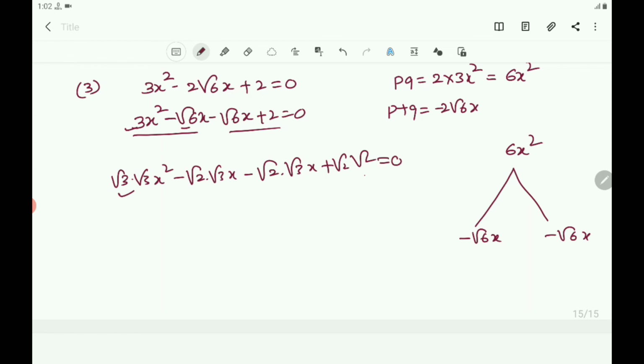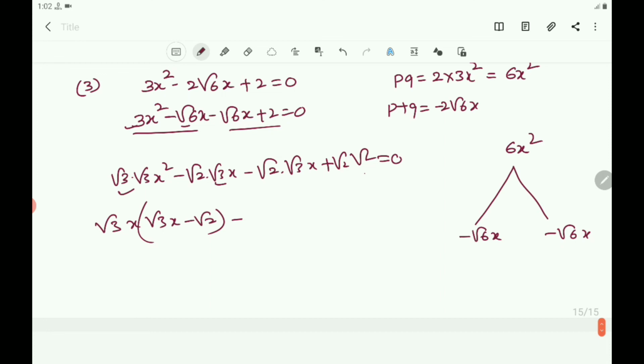Then here you can take root 3x common. In the bracket what you are going to get? Root 3x minus root 2. And here minus root 2 into root 3x minus root 2.